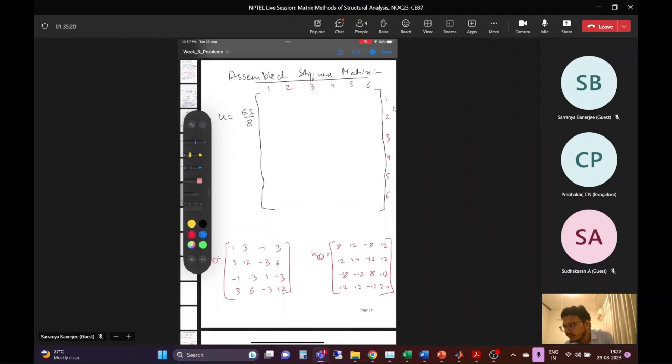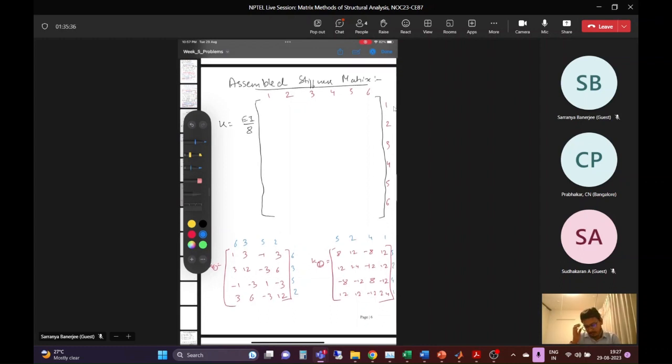I'll write the degrees of freedom: 6 3 5 2 for K1, and 5 2 4 1 for K2. Please find out the global assembled stiffness matrix and write it down in your copies. Then we can jot down the answers from you.